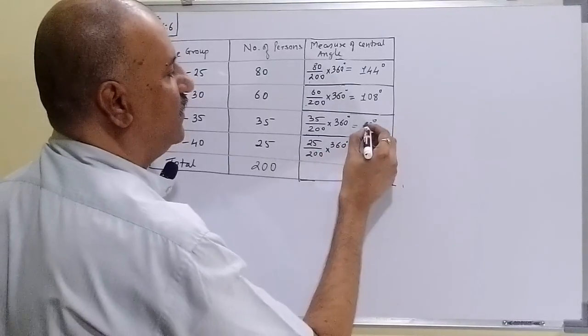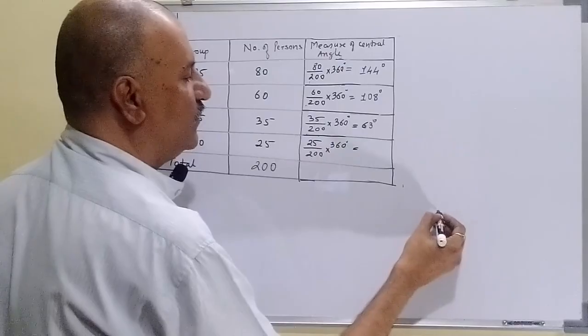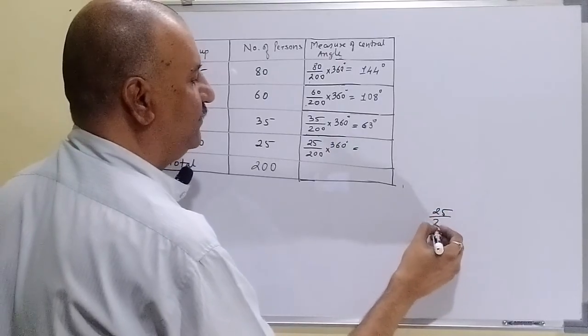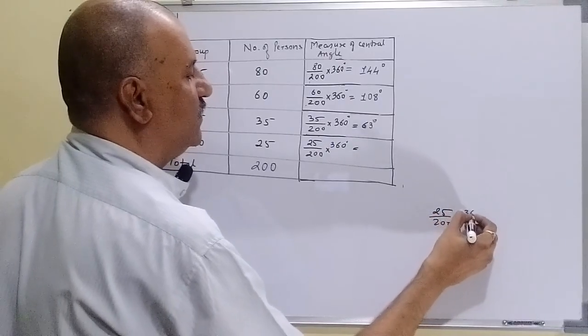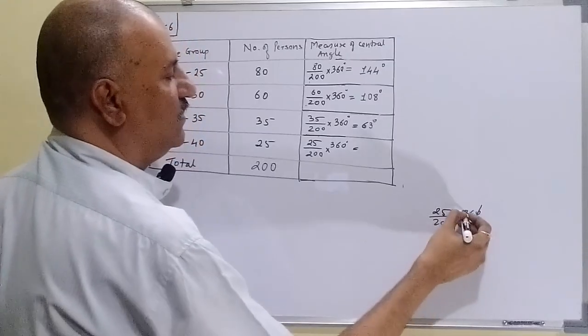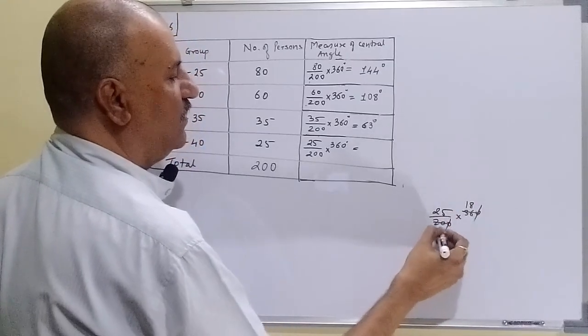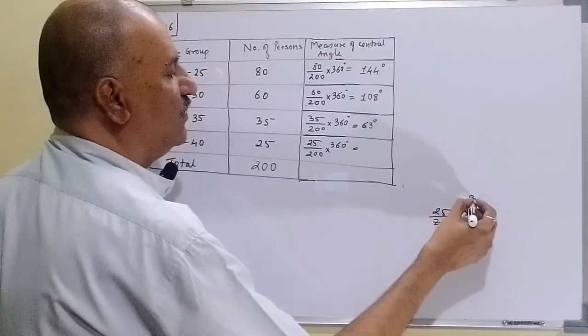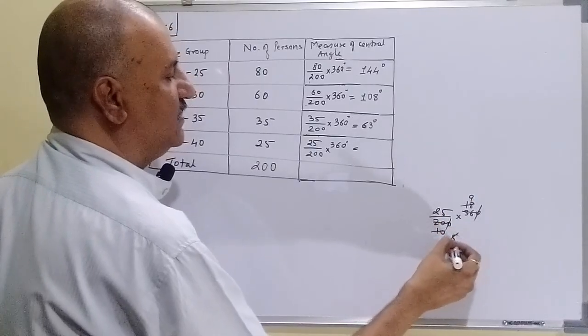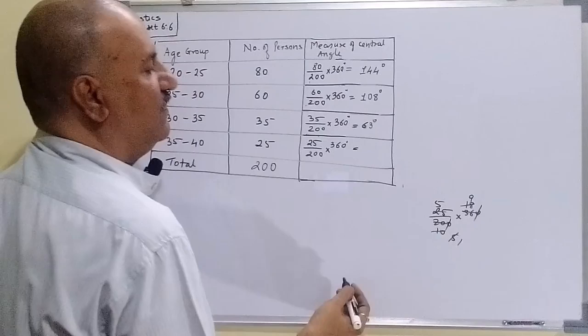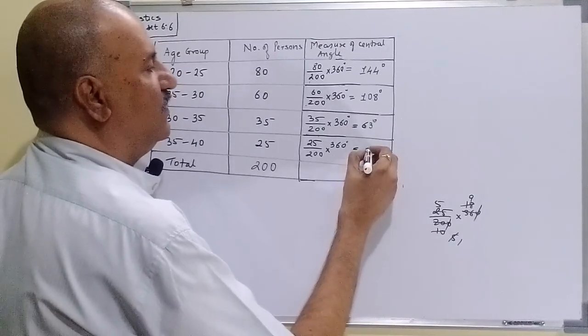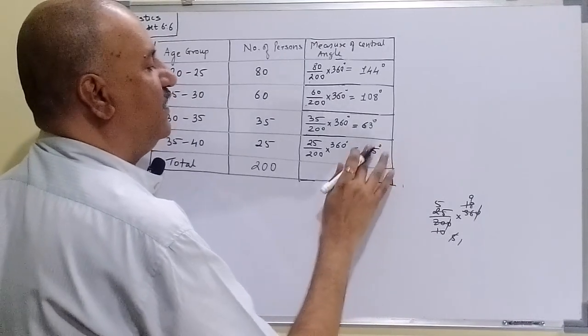So this is 63. Now 25 upon 200 into 360: 0, 0 cancel, and you get 45 degrees.